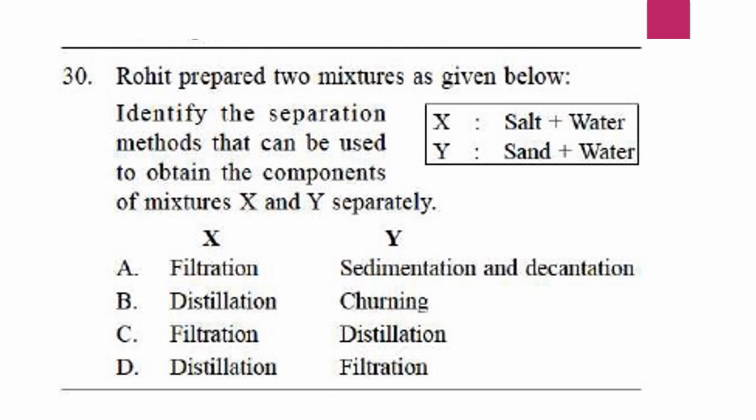So A can't be our answer and C can't be our answer. Now let's check the others. Salt can be separated by distillation, so B and D can be the answer. And for Y, sand plus water, we can separate sand from water by the filtration method. So our answer is option D.